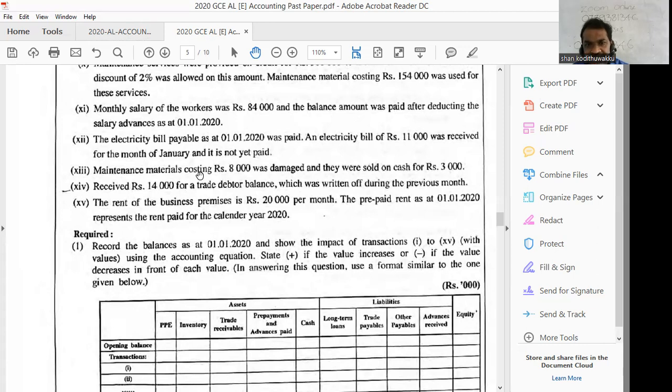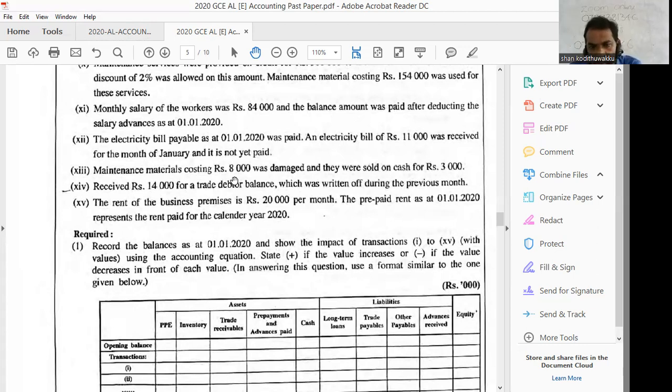That is a loss for the business. Sometimes we will be able to sell those things for a small value, not the value we expected. Therefore, as they have mentioned, the maintenance material costing 8,000 was damaged, and they have sold those damaged stocks only for 3,000.